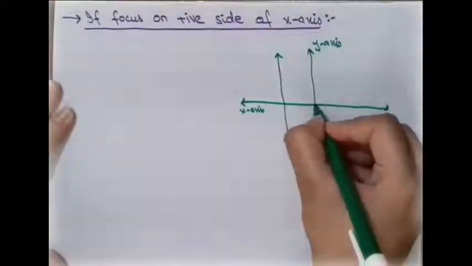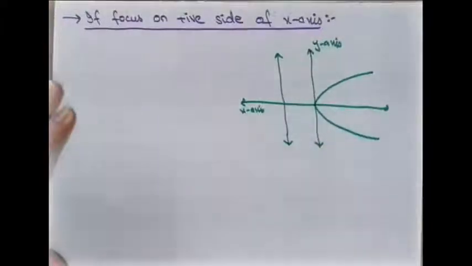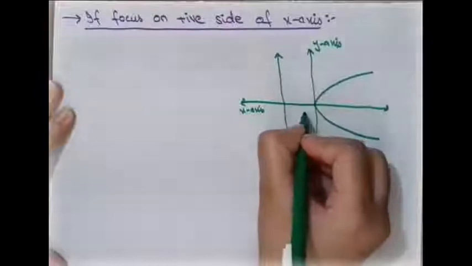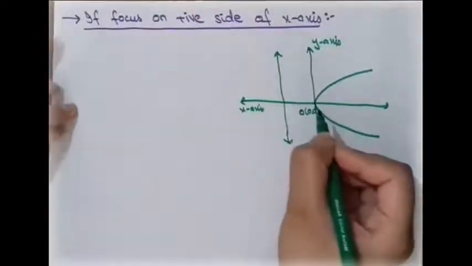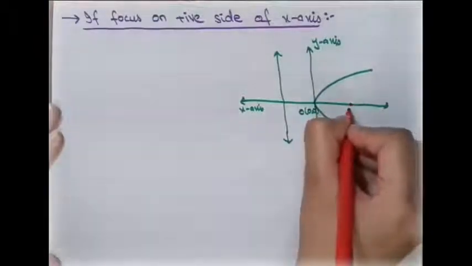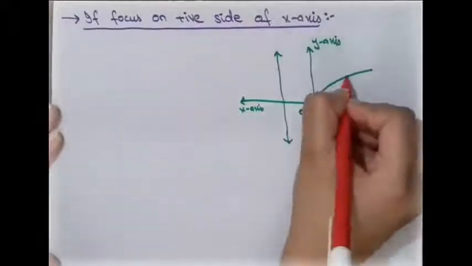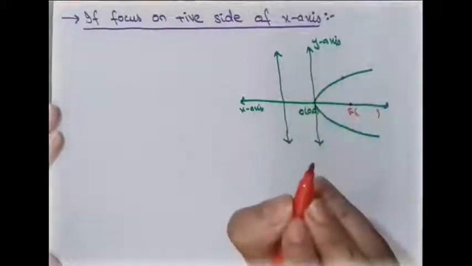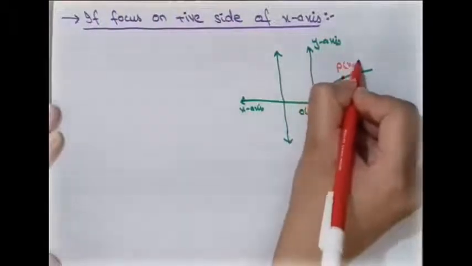So if I draw a parabola, I always said that these formulas are only valid when the vertex is at the origin, which is 0, 0. So this is the vertex point. Here is the focus of this parabola. Suppose here is a point P having coordinates x and y.